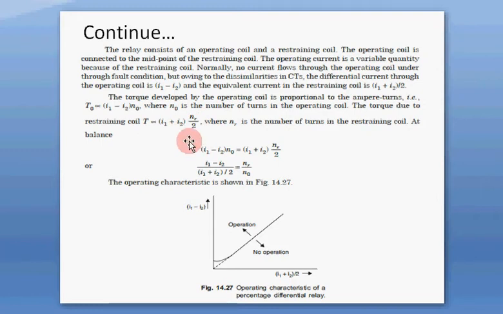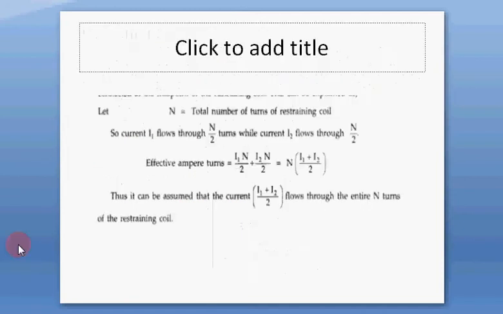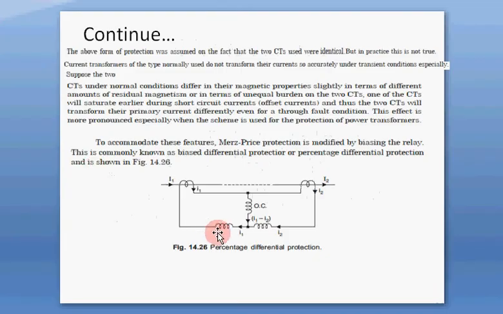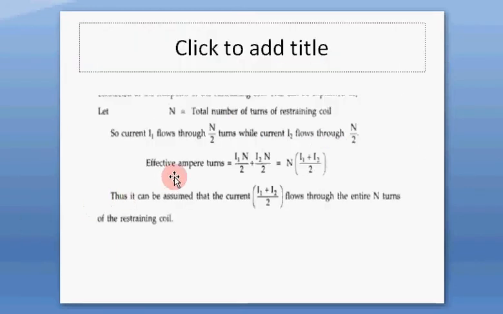How does this I1 plus I2 into NR by 2 come? If NR is the total number of turns in the restraining coil, then the I1 current flows through N by 2 turns, while the I2 current flows in the other remaining N by 2 turns.